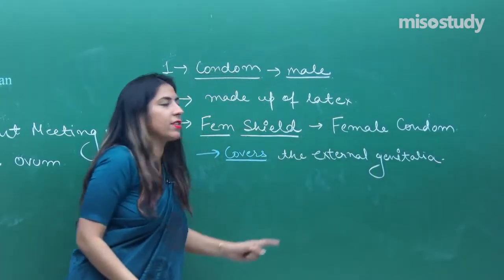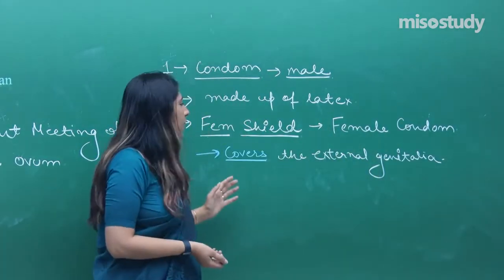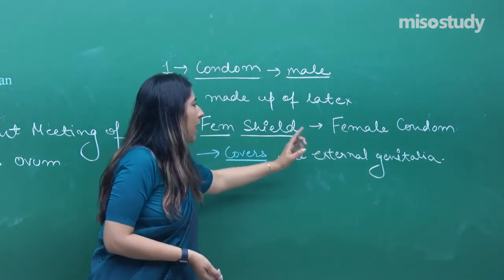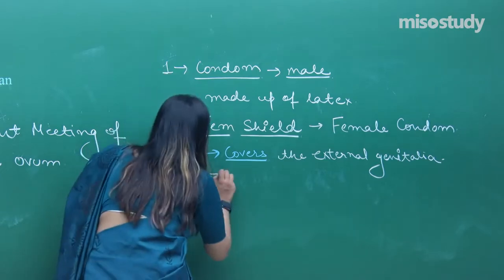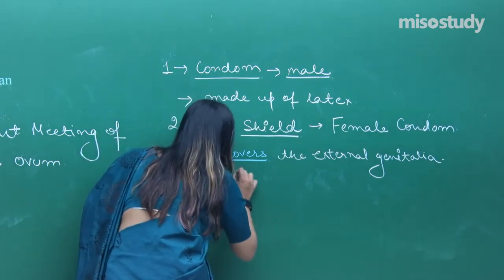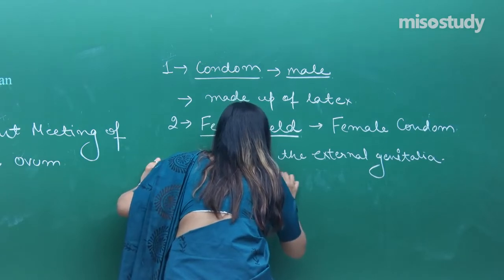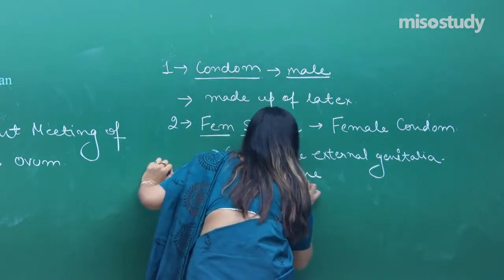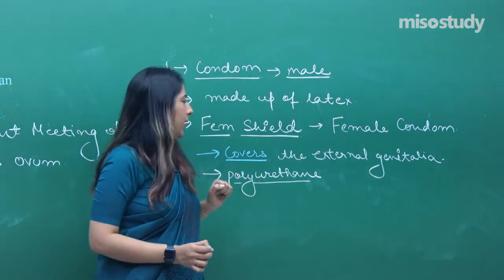When it covers the external genitalia, now what will happen? When the sperm enters, it will not be able to penetrate inside because it is covered by the fem shield. That is also called a female condom. It is made up of a chemical called polyurethane.